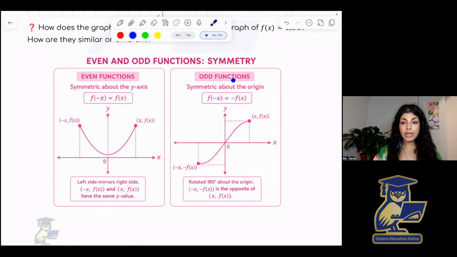However, an odd function is when you are rotating your function about the origin and you can obtain symmetry through rotation, which is what we see with the sine function. So if I rotate the sine function, then I end up with the same graph, and that's also why f of negative x is equal to negative f of x, or sine of negative x is equal to negative sine of x. So that's also another way to classify sine and cosine functions. They can be even and odd functions.